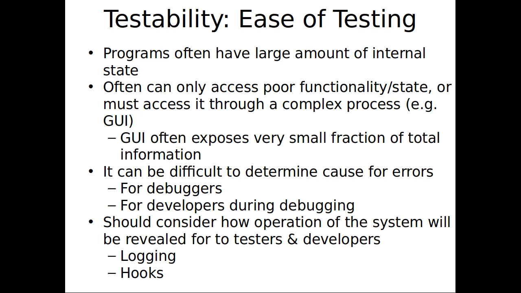And it can be difficult to determine cause for errors because of this. It can be difficult to determine if an error is in fact occurring. A system, you request something, and the system takes the request, and you change some setting, you say okay, system shows you. You actually don't know that occurred, right? I mean, think about it.